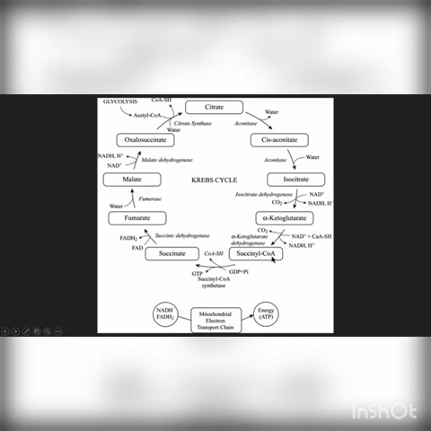Now further in the next step, this succinyl coenzyme A is further converted into succinate, or you can say succinic acid also, और succinate दोनों आप लिख सकते हो यहाँ पर. तो succinic acid में convert होता है in the presence of enzyme succinate thiokinase.